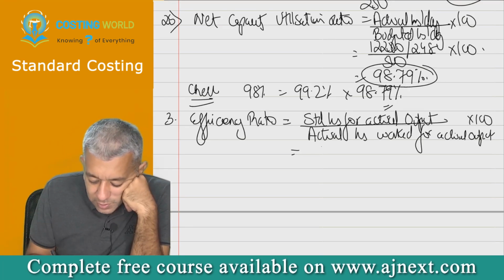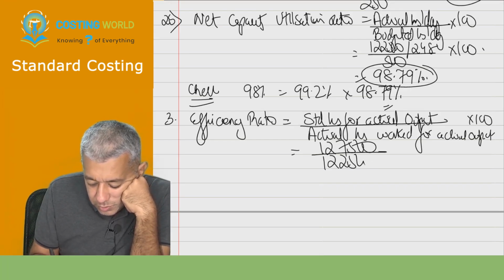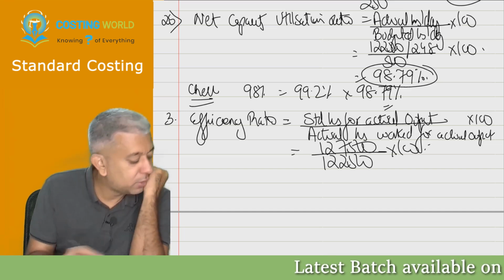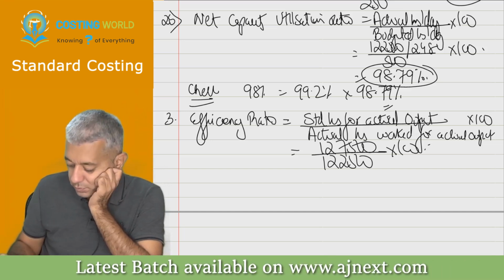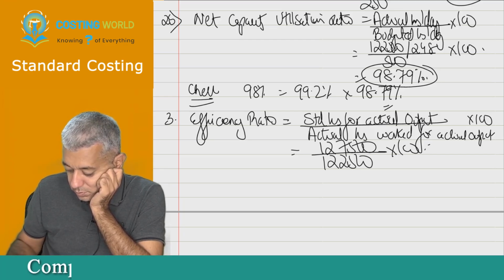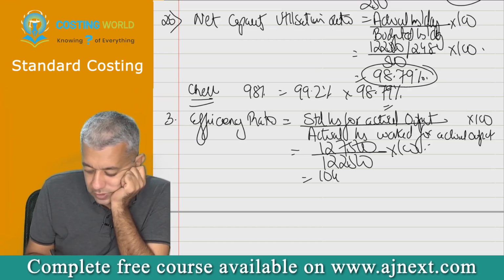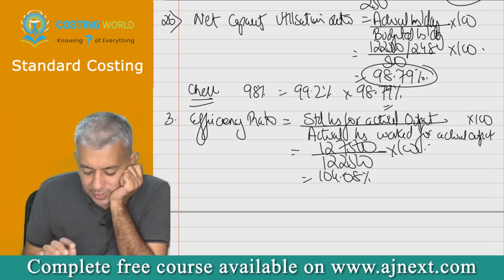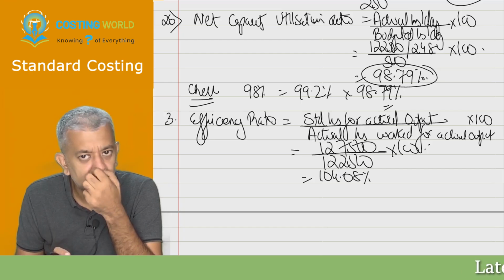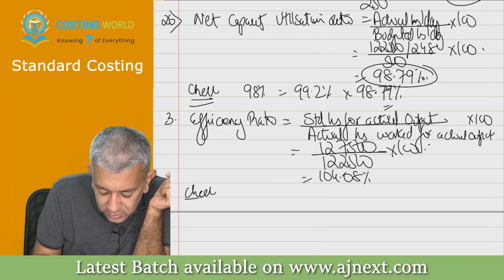So, this particular figure was 127,500 divided by 122,500 into 100. That is 104.08%, correct? Yes, sir. Okay, now we are going to be writing final checks.